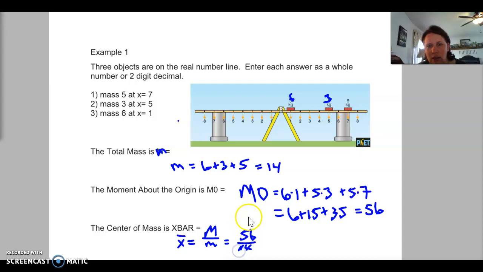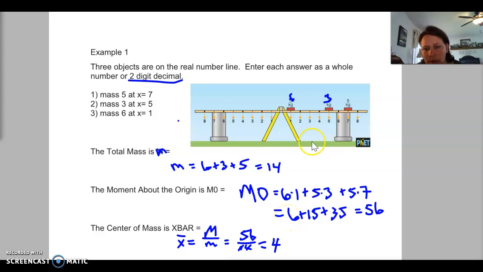Now up here at the top it either wants a whole number or a 2-digit decimal. So ours is not going to end up being a whole number. So let's go ahead and do that division. So 56 divided by 14, and we have 4. Alright, so x bar is 4. That's our center of mass.